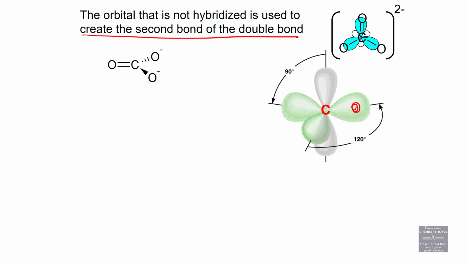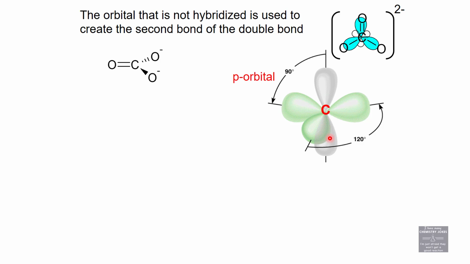So here are my green hybrid orbitals, and in gray on that same image is my unhybridized p orbital. My green are all 120 degrees from each other, and the gray is 90 degrees from those others. There are my hybrids.